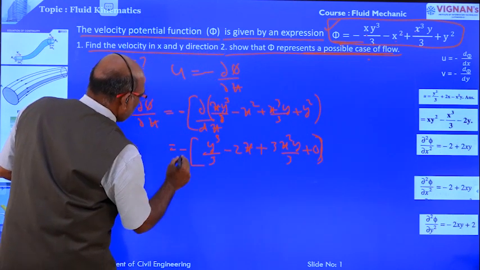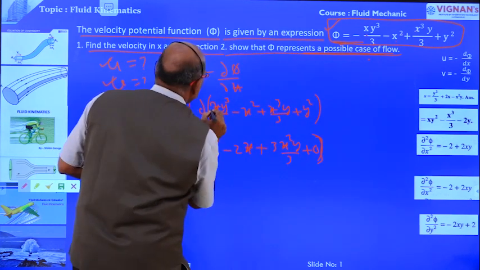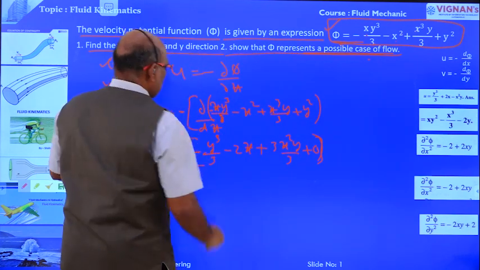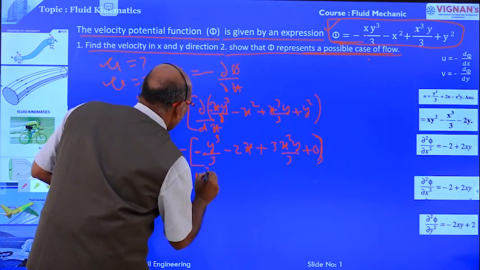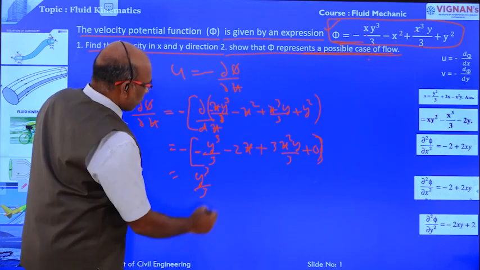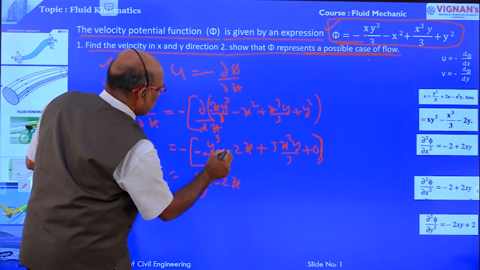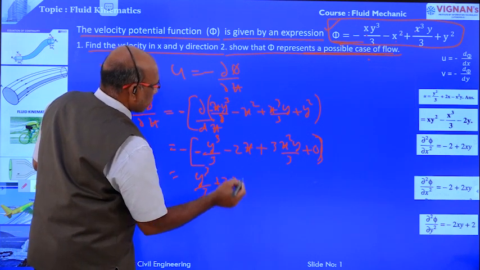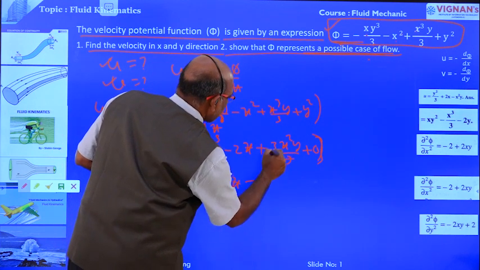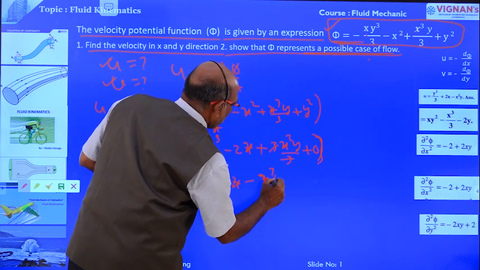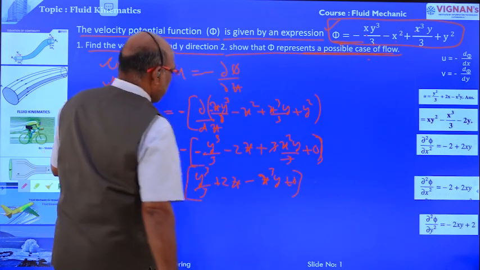Then this is equal to minus into, this is a minus value, this is a minus value, this is also minus. Minus into minus gives plus y cube divided by 3, minus into minus 2x gives plus 2x, minus into plus, the 3 gets cancelled, minus x cube y, plus 0, right?